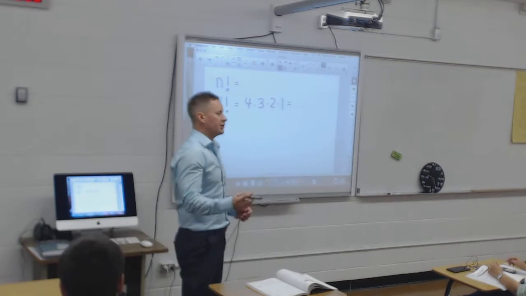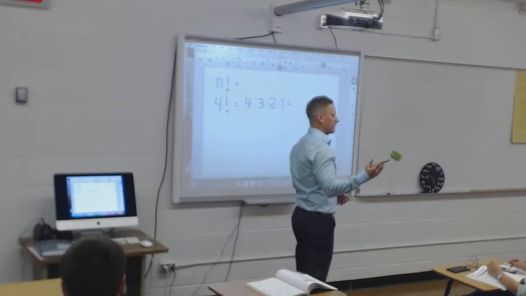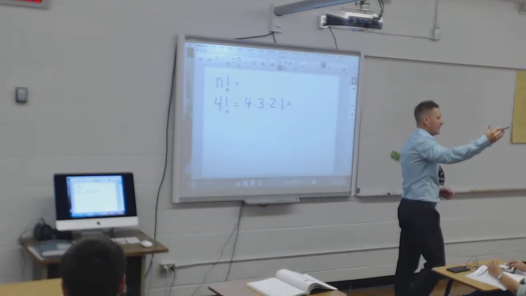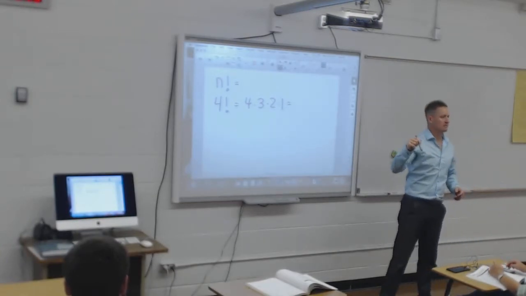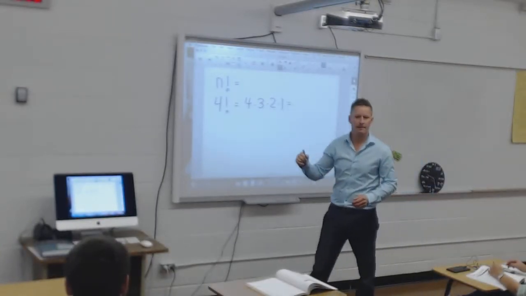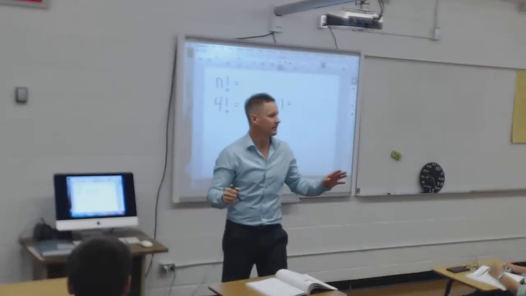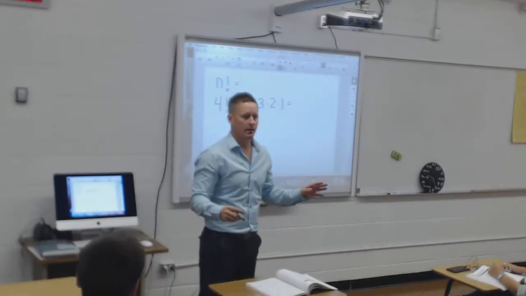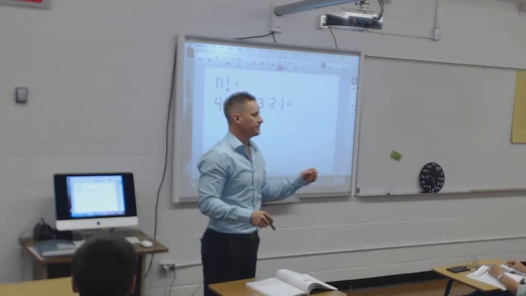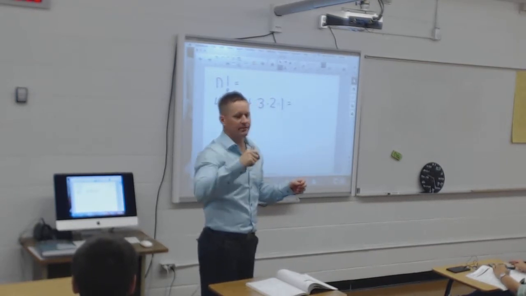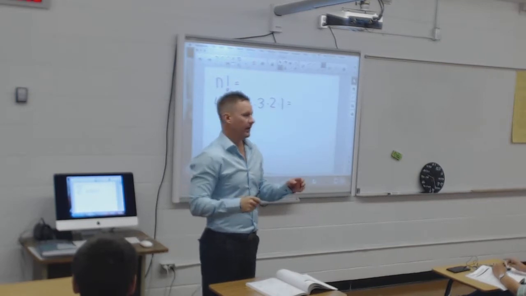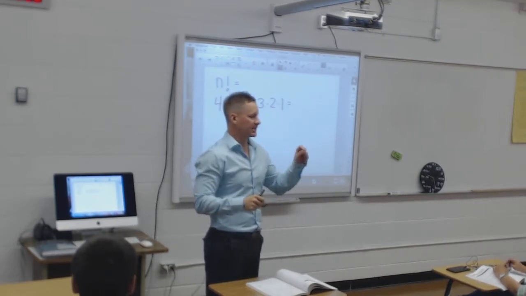Okay, those of you with graphing calculators, turn your screen on, put the number 4 in. Everybody's done that? Okay, math, arrow over till you get to the probability, and about the 4th or 5th one is the exclamation mark.